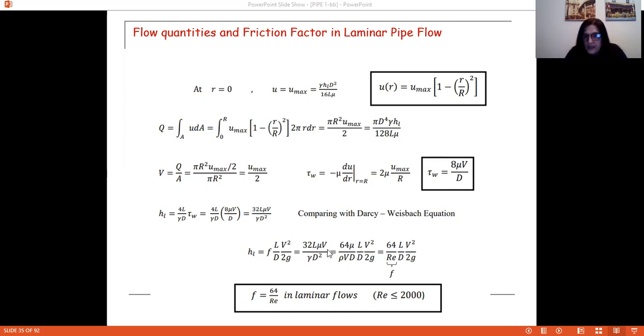I will write it that way, and with this, I will just play with them a little bit. So I have gamma, I have a velocity term, and for V, I will try to obtain D squared divided by 2g. I will write gamma as density times gravitational acceleration, so that here, as you see, we have the V squared divided by 2g term. We multiply both sides by 2.